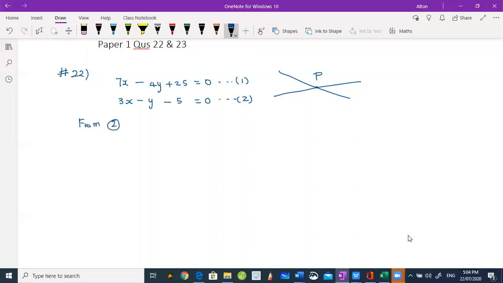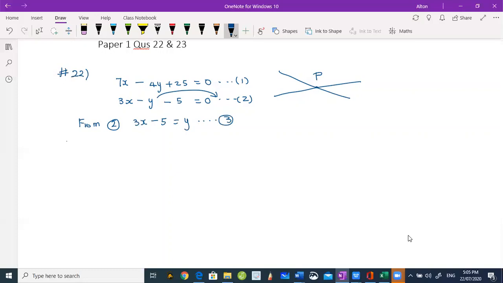We're going to make y the subject of the equation. So we can transpose y, and it becomes 3x minus 5 equals y. So this is the equation that we'll substitute into equation 1.